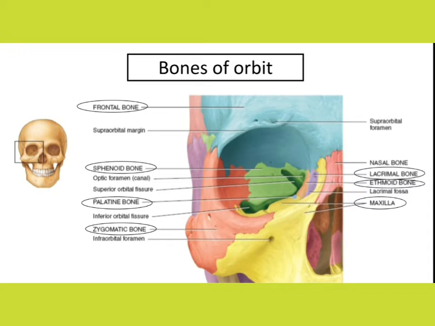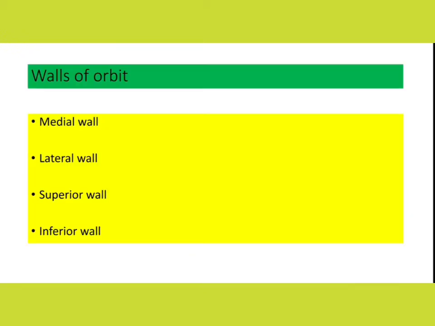After the sphenoid there is the palatine bone and the zygomatic bone. This is the zygomatic bone. Lacrimal bone, this is the lacrimal bone. In the lacrimal bone, the lacrimal sac rests. And the ethmoid bone is just here, and the maxilla. This is the maxilla.